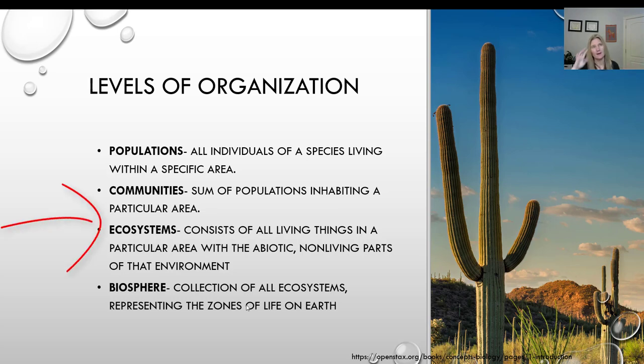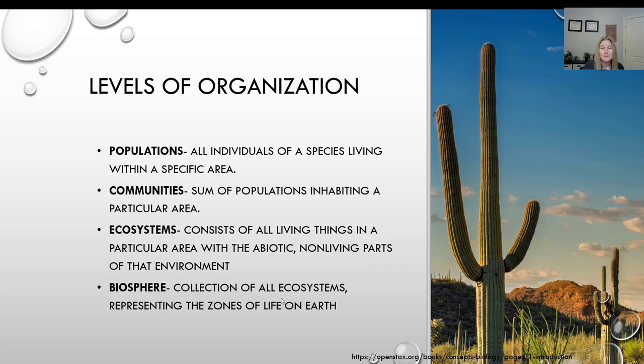Okay, so I might be looking at the chaparral ecosystem in Southern California or something like that, or I could study the boreal forest ecosystem in Canada. So in that case, I'm looking at not just the living component, but also the abiotic non-living component, because that abiotic non-living component is influencing what can inhabit that area.